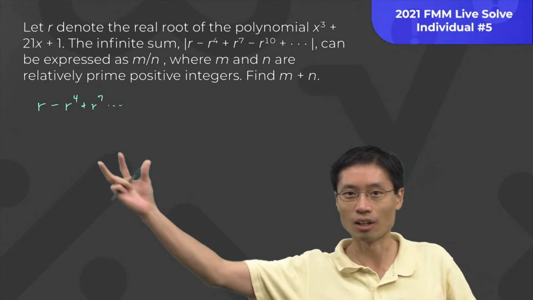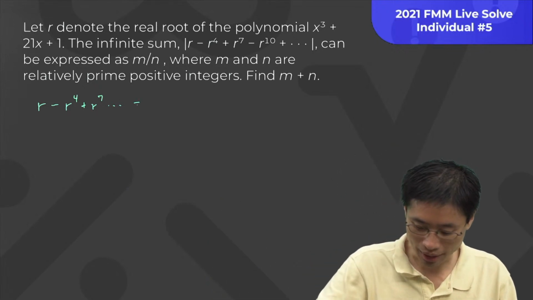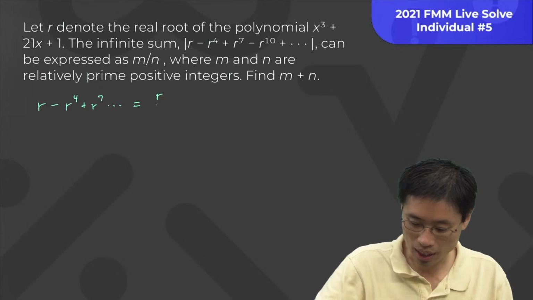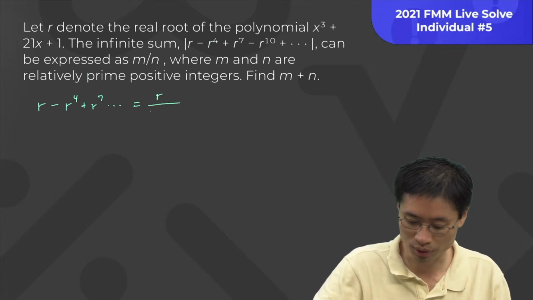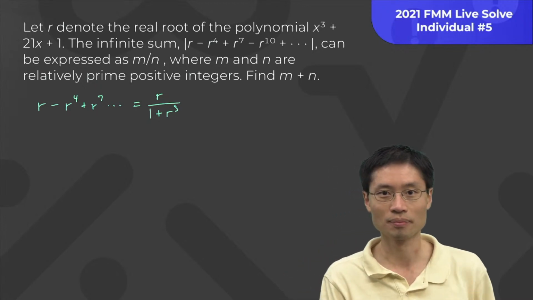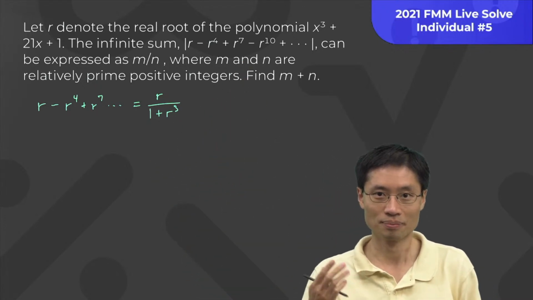Okay? Now, if it is absolute value less than 1, then it's going to have a geometric series sum. This is a sum of an infinite geometric series, r over, that's the first term, over 1 minus the common ratio. And the common ratio is negative r cubed, so 1 minus it is 1 plus r cubed. So that's going to be the inside of the absolute value.